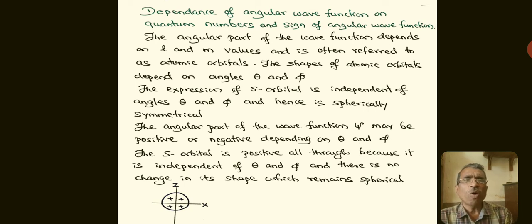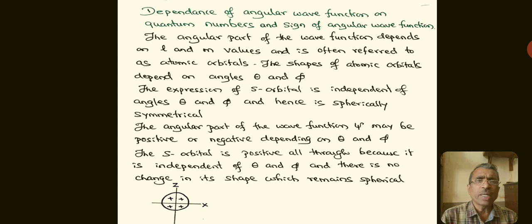The expression of s orbital is independent of angles theta and phi, and hence s orbital is spherically symmetrical. The angular part of the wave function psi may be positive or negative depending on theta and phi values.